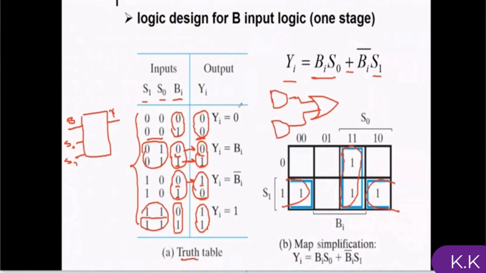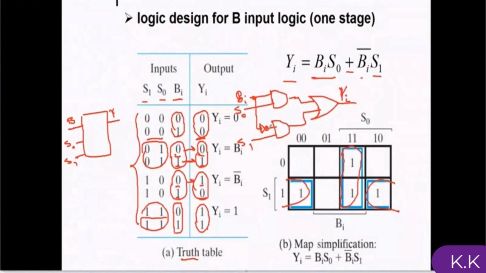So these are the minterms that are 1 in this table, and there is a group of 2 1s here, and these 2 can also be considered as a group of 2. So Y output is S0 AND B OR B prime AND S1.